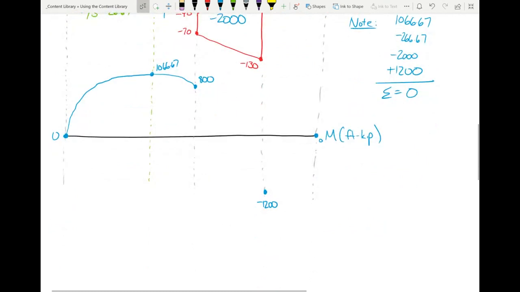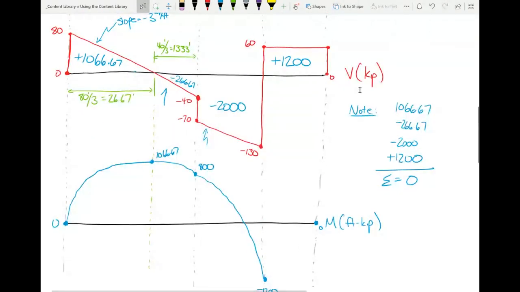Same thing here. You can see how the magnitude decreases, so the slope should go down. It should go a little to a lot. The only region on the shear diagram that is a line is this last one.